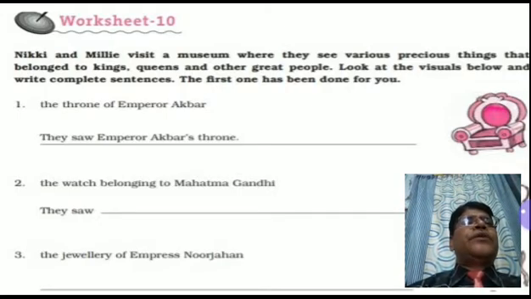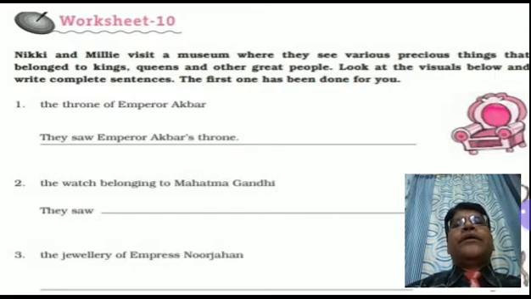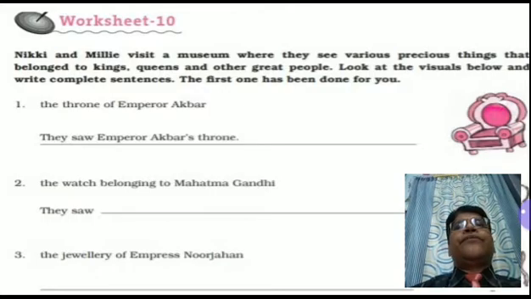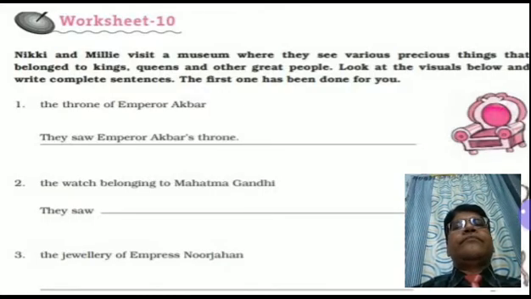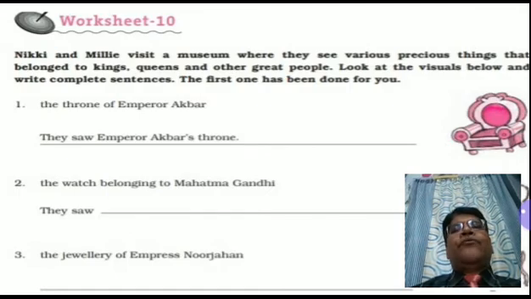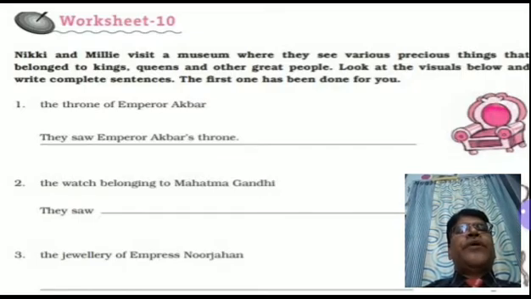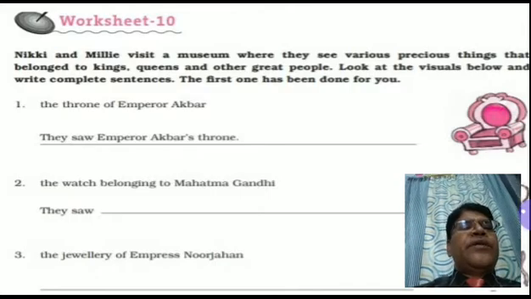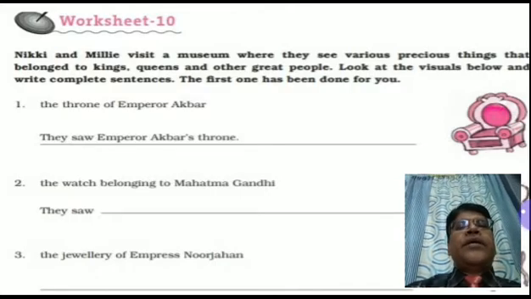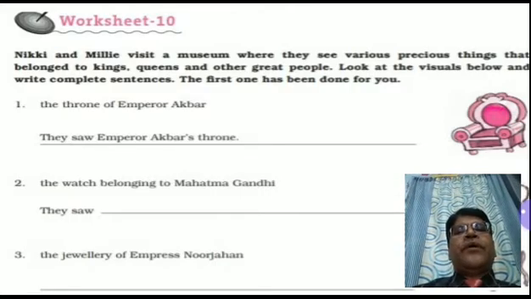Look at the visuals below and write complete sentences. The first one has been done for you. They saw Emperor Akbar's throne. You have to use apostrophe s here. That's the main requirement in these sentences.